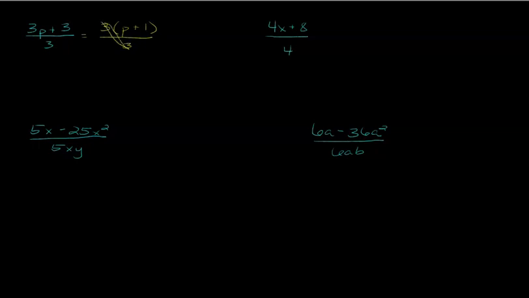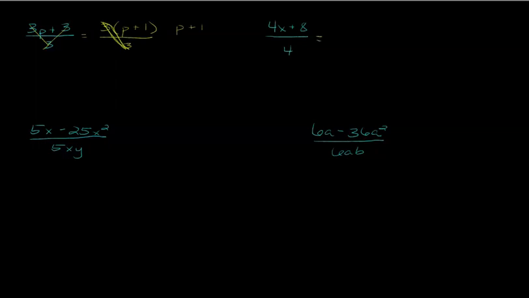Now those can cancel out. When something's being multiplied by something and you just have one thing on the bottom, you can factor those out. So you're left with just p plus 1. Now in this case, that would have worked, but in most circumstances, that's not going to work.